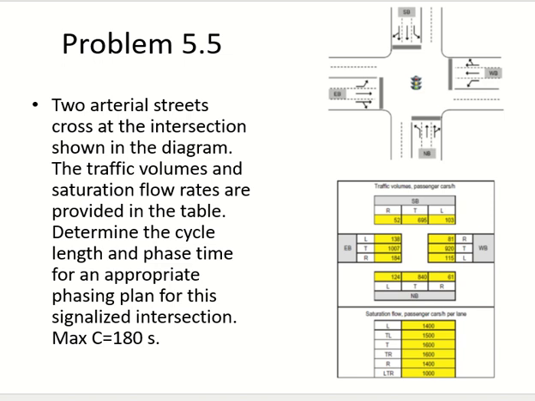This lane is through, right? So for this one I have a saturation flow rate of 1600. Clear or not? After we multiply by 155? No, this is saturation flow rate. That was demand. This is saturation flow rate.